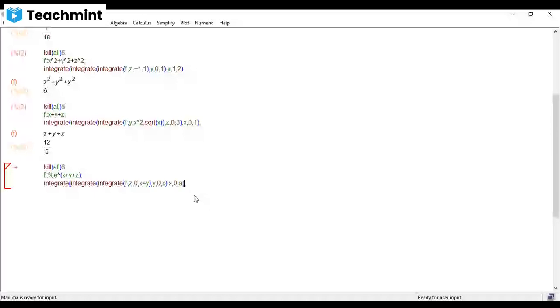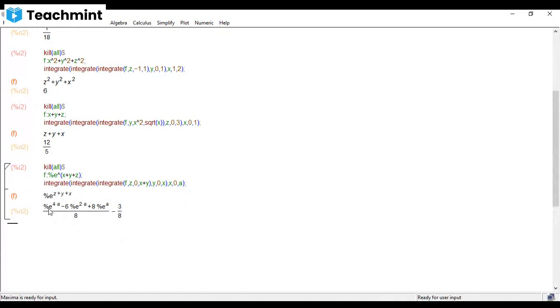And what was the answer that we got? For this we got e to the power of 4a minus 6 e to the power of 2a plus 8 e to the power of a minus 3, whole divided by 8. Let us see what is the answer that we are going to get. See, if you take LCM, you will get minus 3 here.